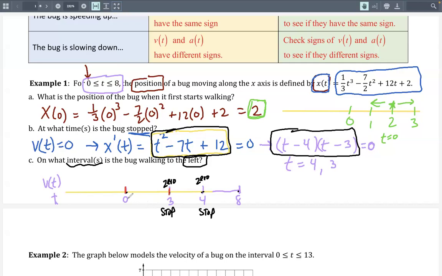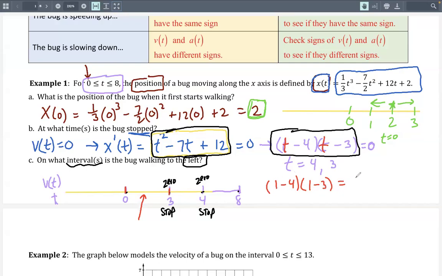Well, a beautiful test point between 0 and 3, how about we plug in a 1. So if we plug in a 1 for t, here and here, we're going to say 1 minus 4 times 1 minus 3. Now, all I care about is what kind of sign comes out. 1 minus 4 is a negative, and 1 minus 3 is a negative.